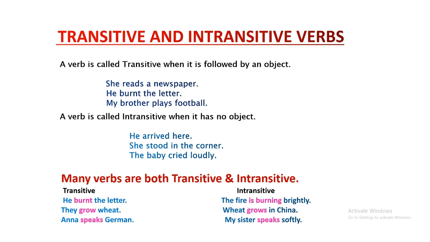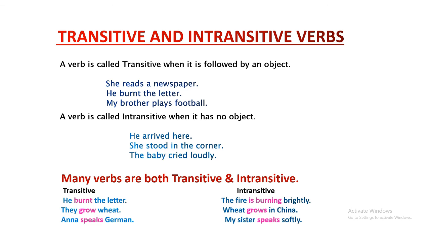Many verbs are both transitive and intransitive. Now look here: he burned the letter. In that sentence, when you ask what he burned, the answer is letter. So the verb is transitive.